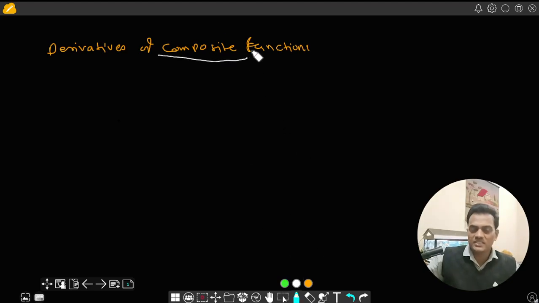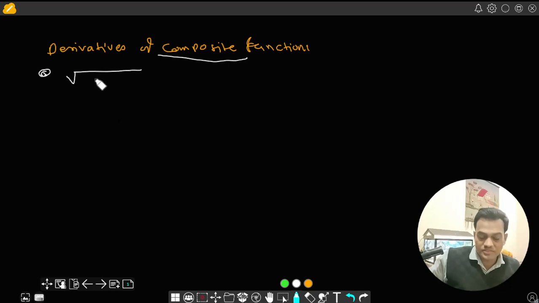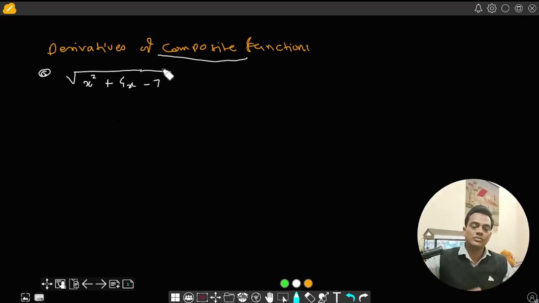So we know the function is like that: sine, cos, tan, square root, these are called functions. Suppose I take one example, that is, suppose we want to find out the derivative of this particular function, square root of something, and if I have the quadratic equation x square plus 4x minus 7, and if I want to find out the derivative of this particular composite function, how to solve this problem?